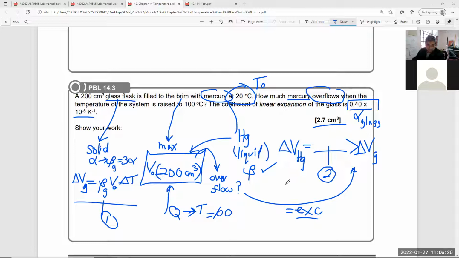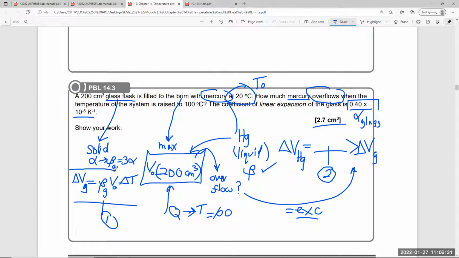The first thing you need to tackle the problem is to use your main principle: volume expansion. You need to find this first, because both the solid, the glass, expands.